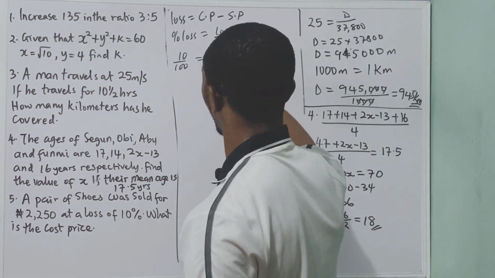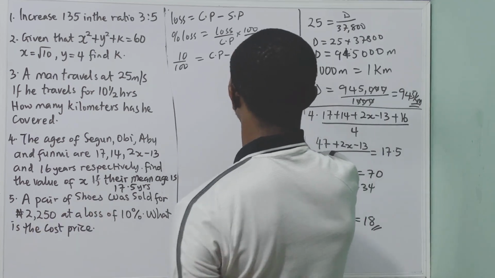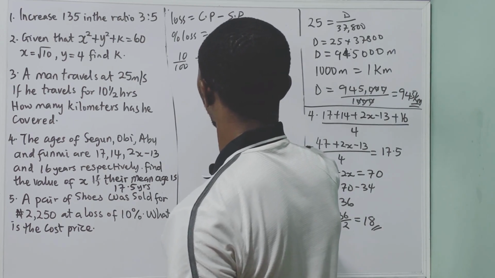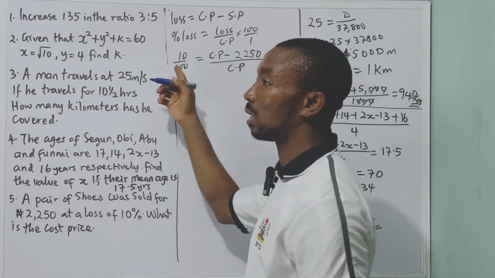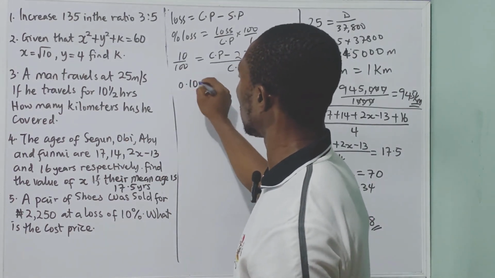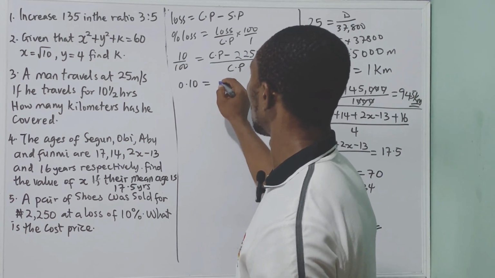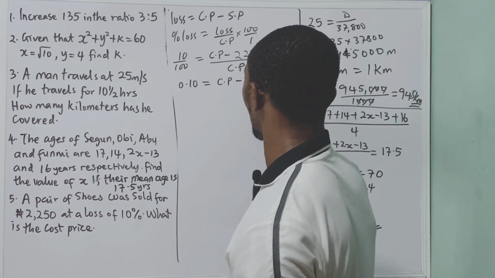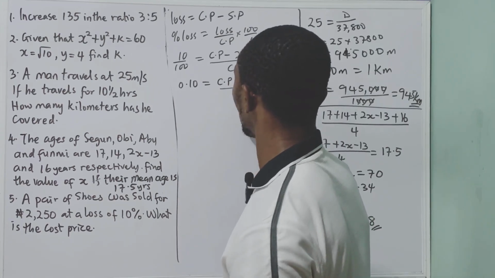Now, our selling price is given as 2250, all over our cost price. Now, 10 divided by 100 gives us 0.10 equals cost price minus 2250 all over cost price.